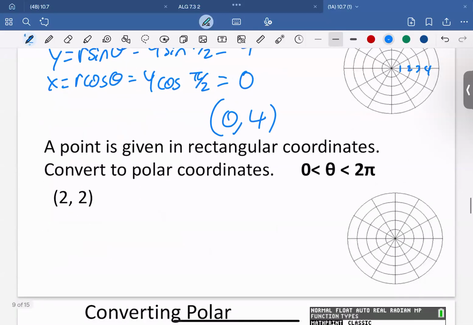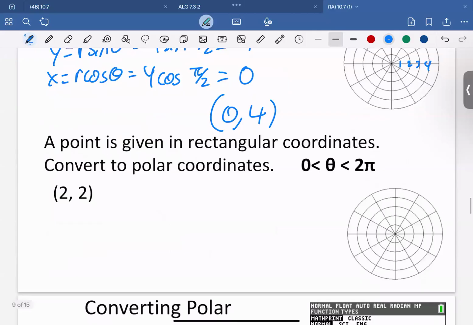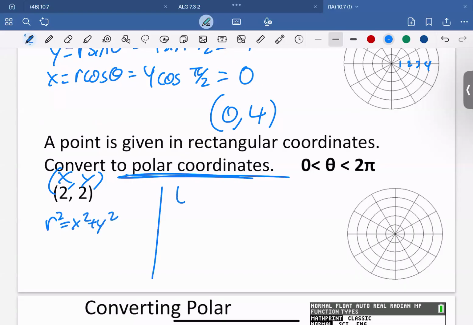Next one, a point is given in rectangular, x and y, and we're going to transition to polar. So we're going to use r squared equals x squared plus y squared, and tangent theta equals y over x. Plug this in, you get r equals 2 root 2.